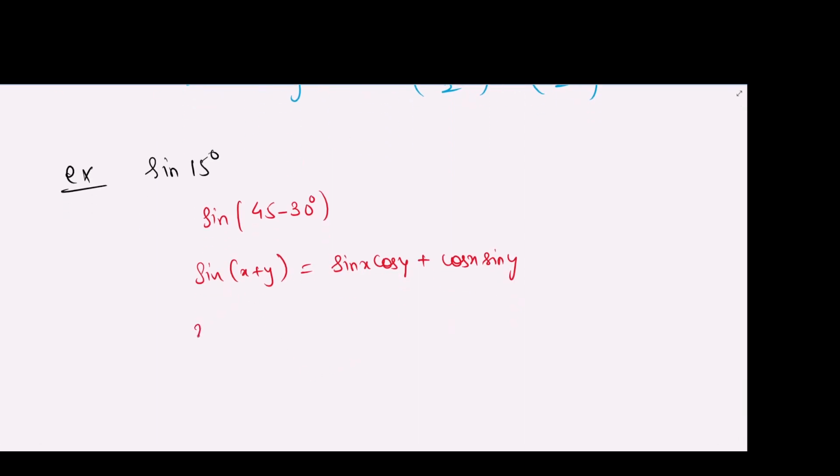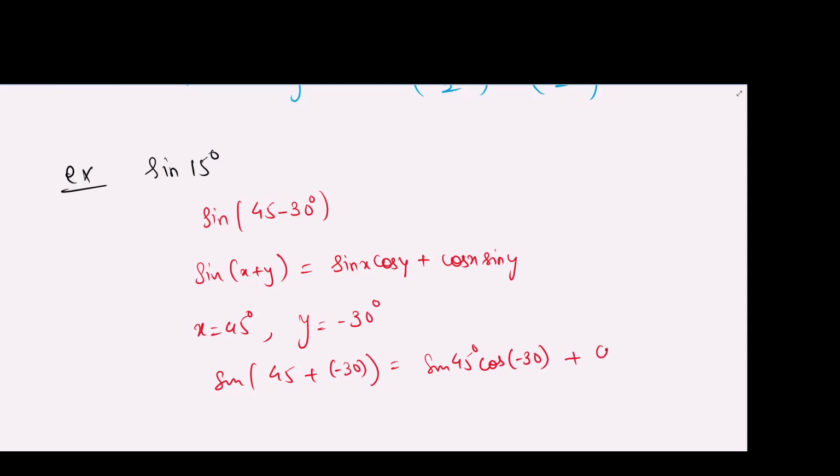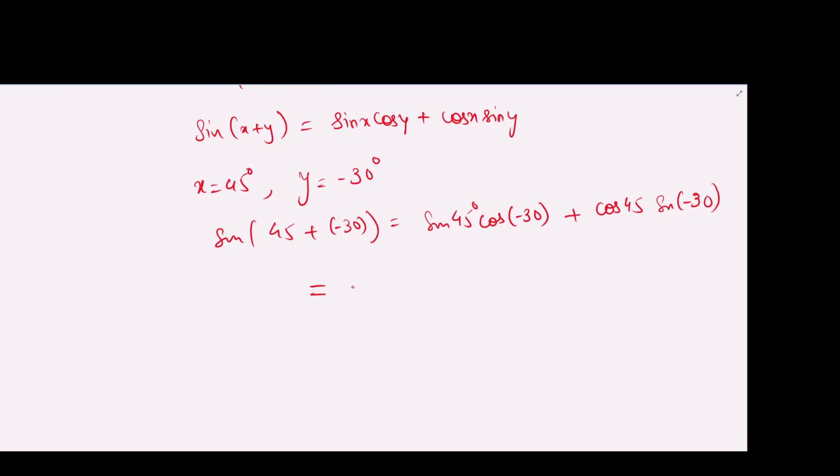So put x equal to 45 degrees and y equal to minus 30 degrees. So sin(45 plus minus 30) is equal to sin 45 cos(minus 30) plus cos 45 sin(minus 30). We know sin 45 is 1 by root 2, and cos of minus 30, plus cos 45 is 1 by root 2, and sin of minus 30.